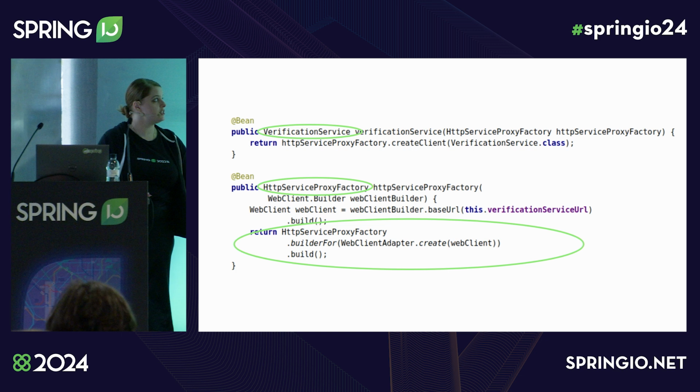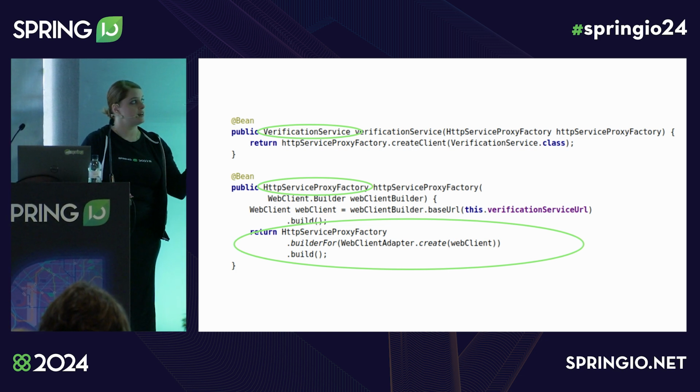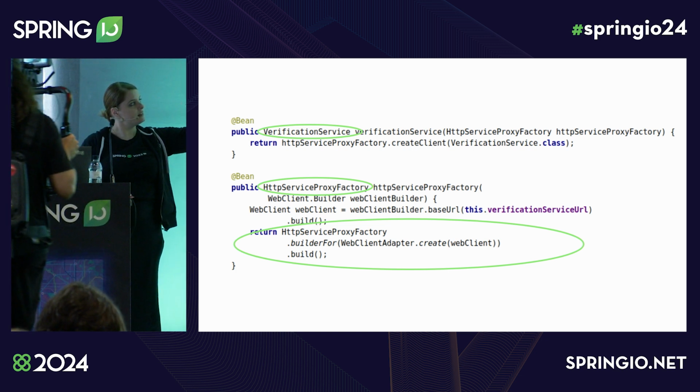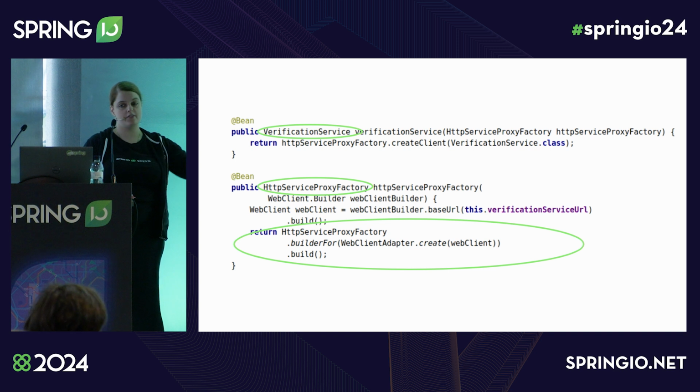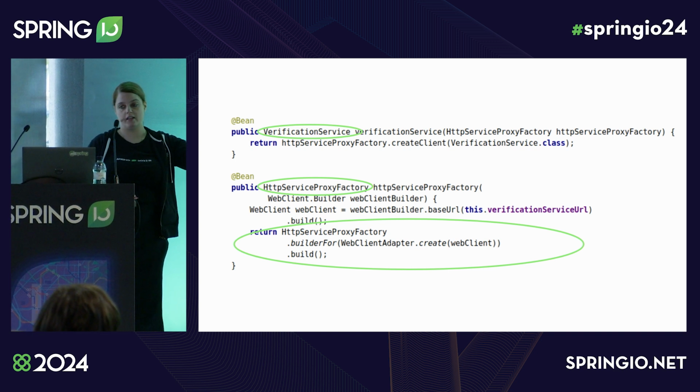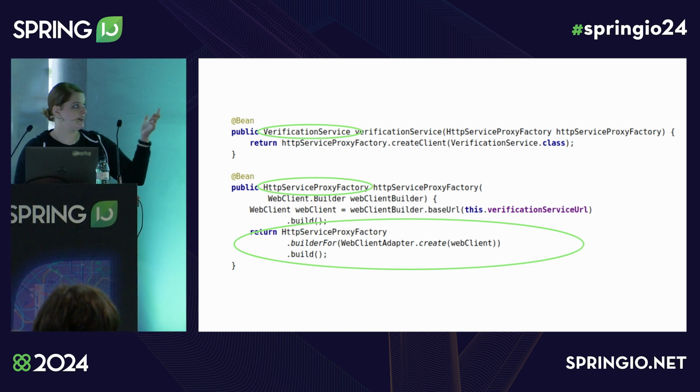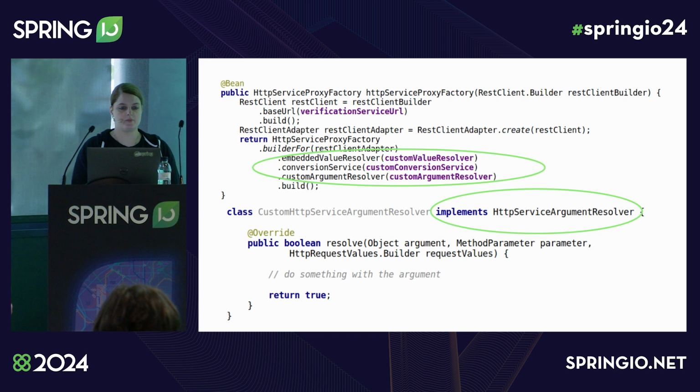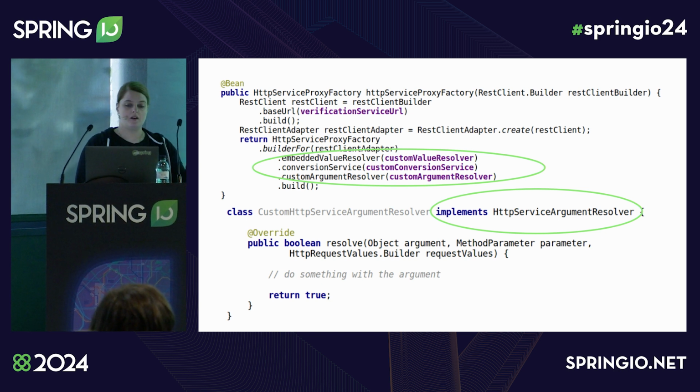You just call HTTP service proxy factory, create client, and then we add, so the verification service is the interface that we've been looking at. So we add that signature, and it will be created for us. Obviously, if there is a builder for something, it usually means that there are more things that we can configure.